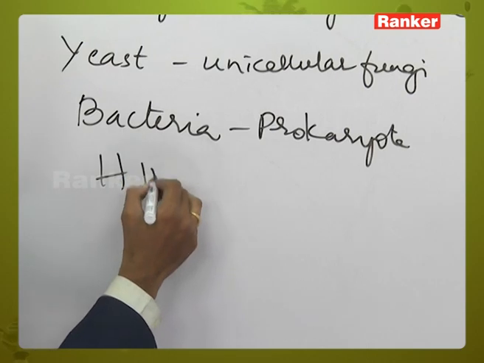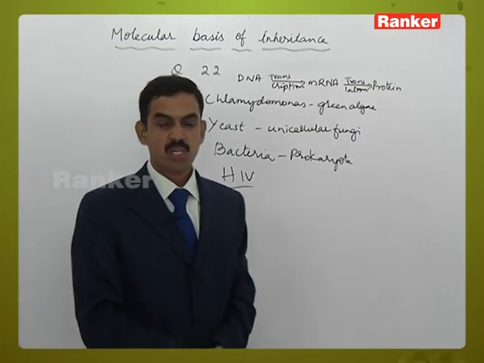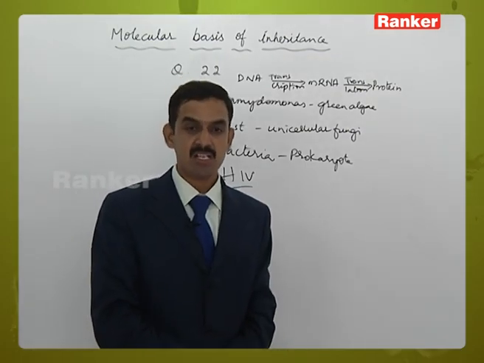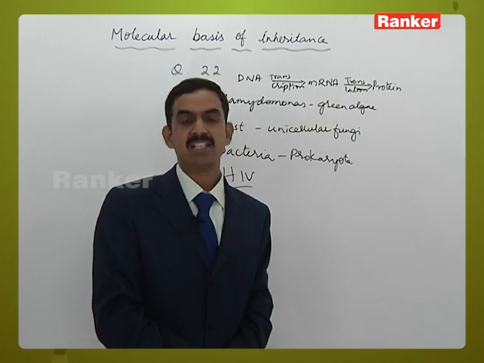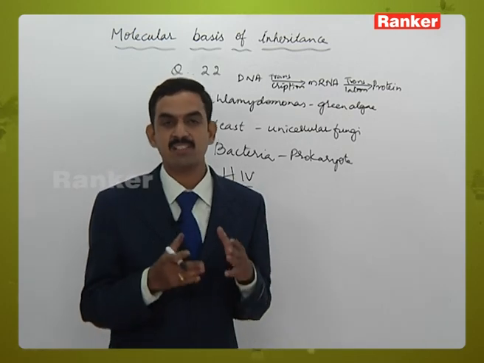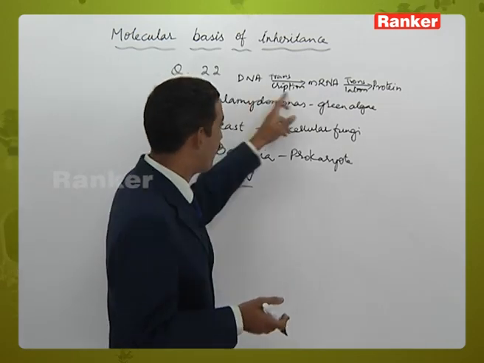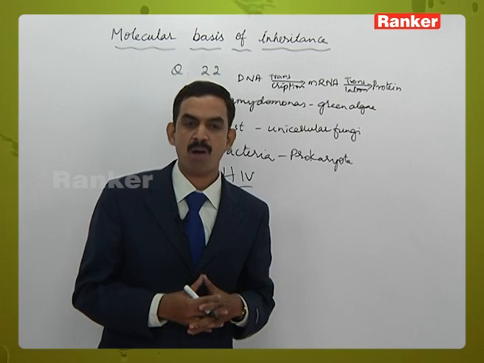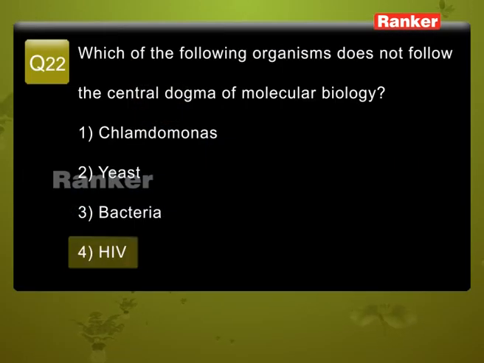Coming to HIV, human immunodeficiency virus, this is a virus which is acellular, and it does not show metabolic activities by itself. So this does not show this type of central dogma of molecular biology. Question number 22, the correct answer is 4.